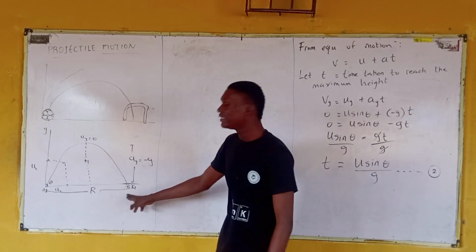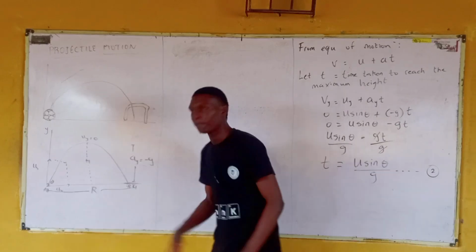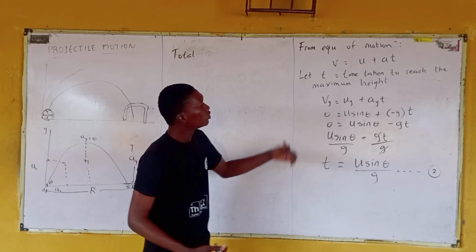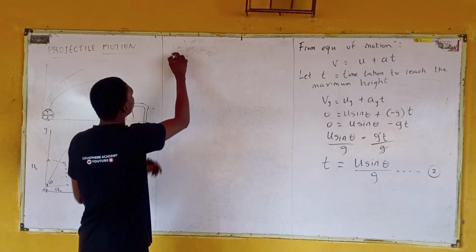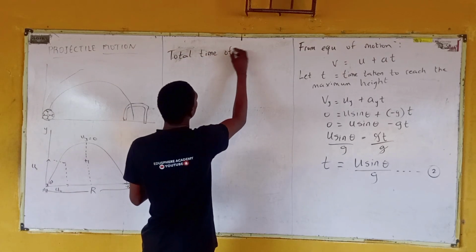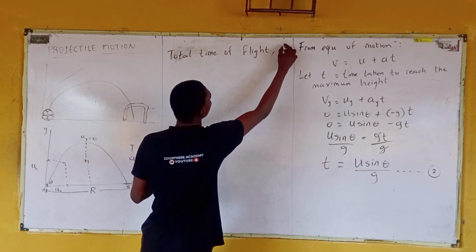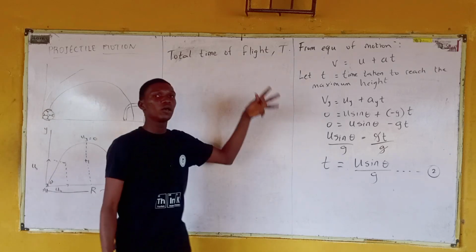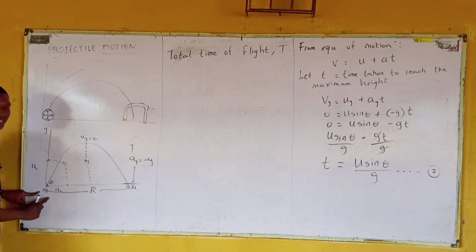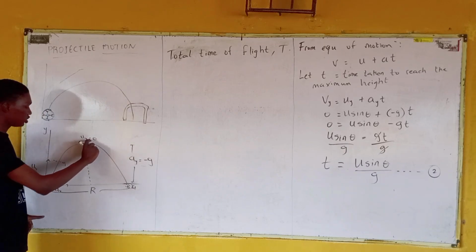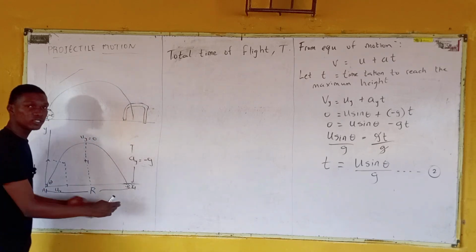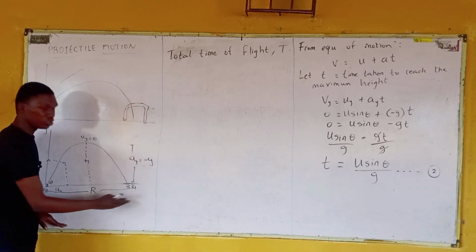When this object lands on the horizontal projection plane here, we call that the total time of flight, denoted as capital T. It is the total time taken from this point A to the highest point it reached at the maximum height, then to this point B, the full horizontal distance on this projection plane.